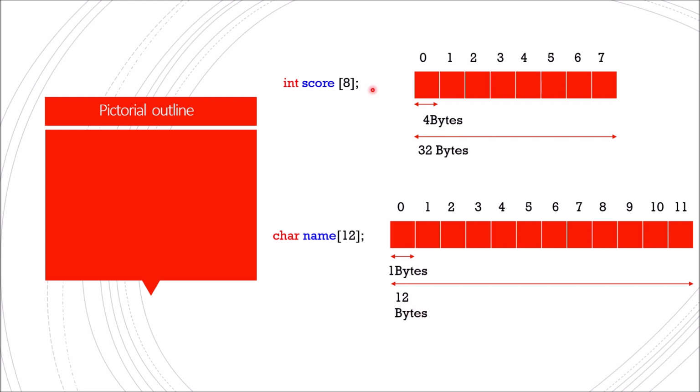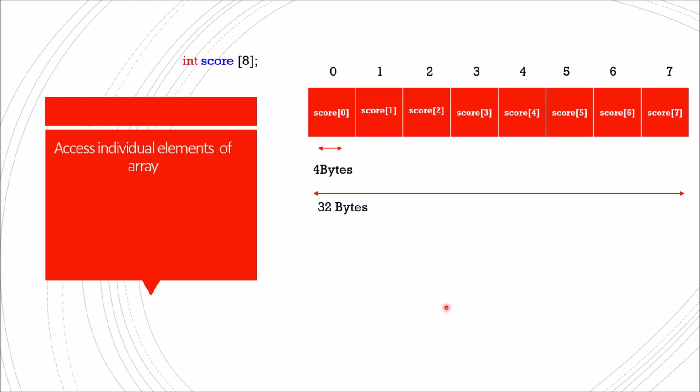Compared to this integer array, which has fewer positions but 32 bytes, which is larger than this one. It's because of the data type that occupies larger sizes. This one is an integer array of 8 positions, or array of 8 integers.